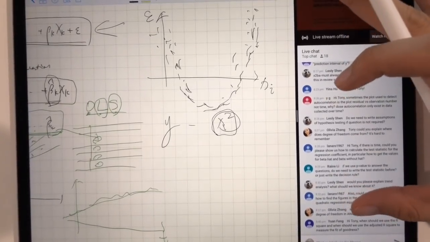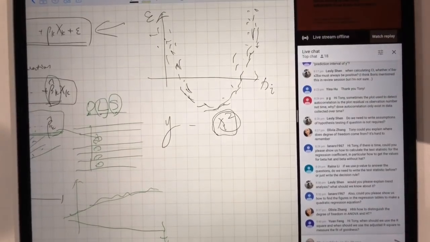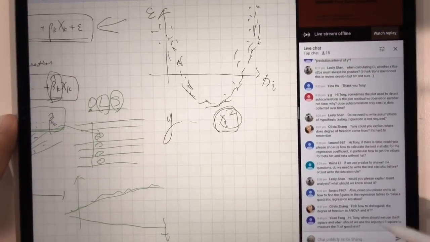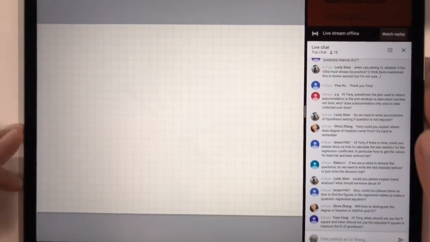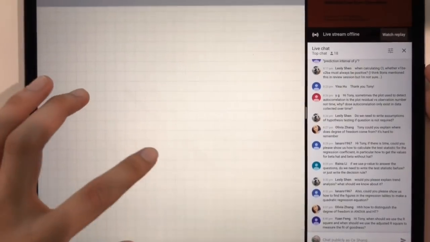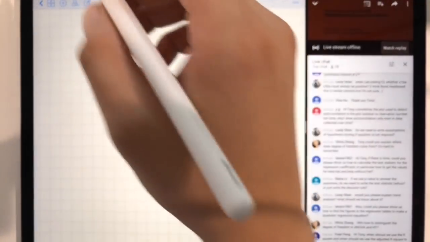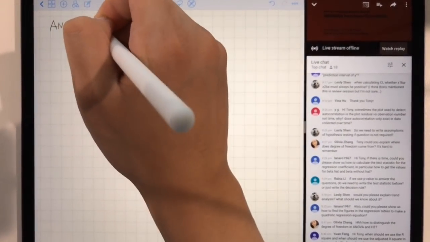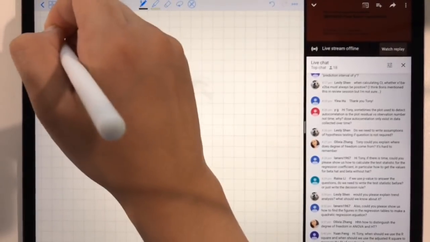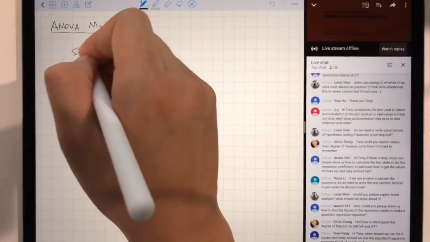Okay, so Olivia Zhang, finally, is asking how to distinguish the degrees of freedom in ANOVA and in hypothesis testing, the regression analysis, okay? Because you can see in the ANOVA tables, when we talk about the ANOVA model, we have, for example, SSR, right?